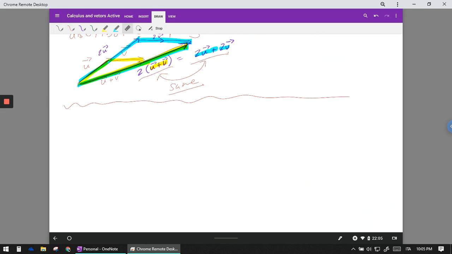Let me do it like this. k(mu) is the same as (km)u. Sorry, I think the way the textbook uses it is (km) times u, meaning I can multiply u with m and then multiply the result by k, or I can multiply k by m and then multiply its result into u, and I'll get the same thing under both cases.